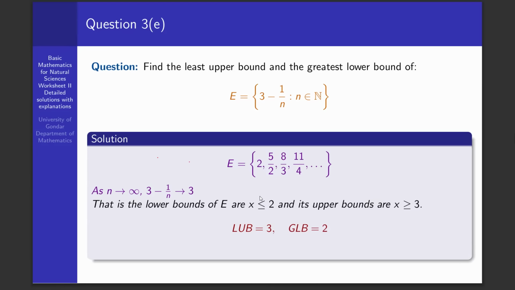And the greatest lower bound is the greatest element of the set of lower bounds, x less than or equal to 2, so the largest element, 2, is the greatest lower bound of the set.